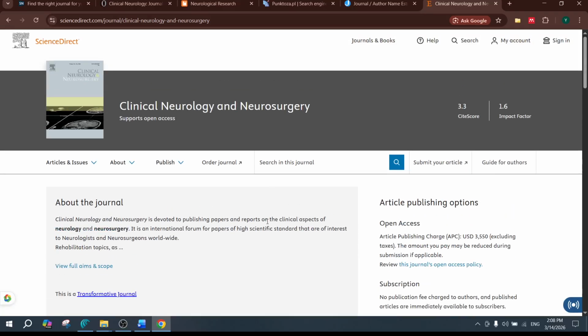cool. To be honest, one of my friends actually has a move. He collects the emails of the editors of all possible journals where he wants to send his papers, and he sends an email to all editors with information about the title and the project, asking the editor if this project is in the scope of the journal and will be interesting to the readers of this journal or not.